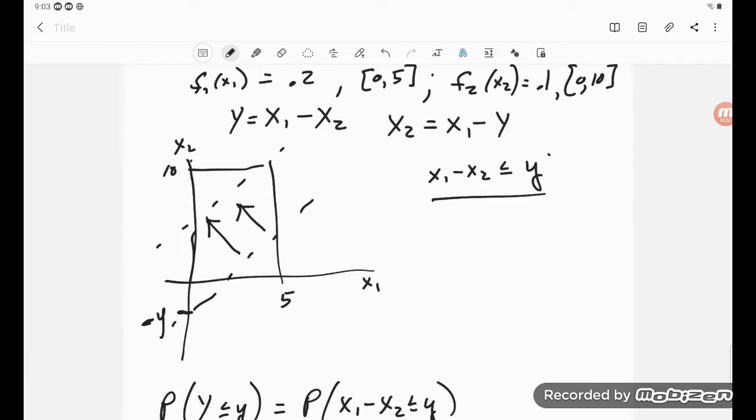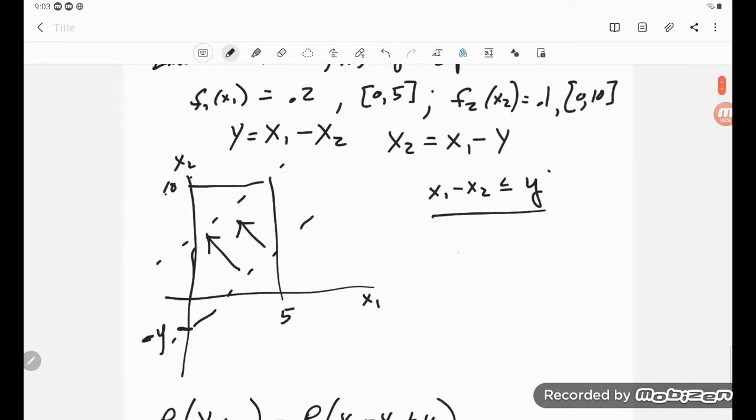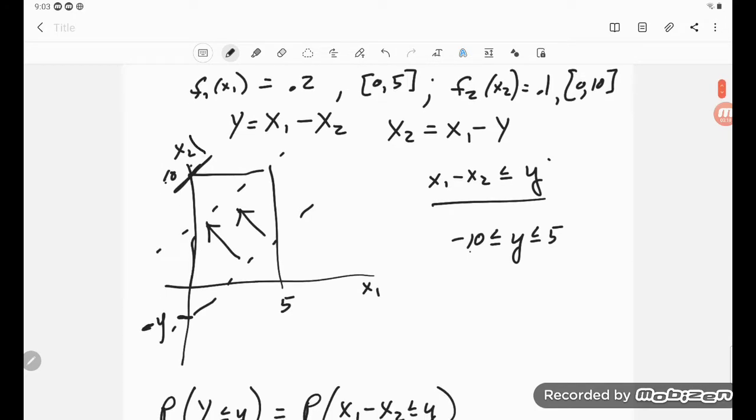Okay, so this is 10 up here. So again, y can go between minus 10 and 5. And so this 10 up here is actually y equal minus 10. And so that's the lowest, right? And we would have 0 area above that. And so we start looking, okay, what happens as this line comes down this way?